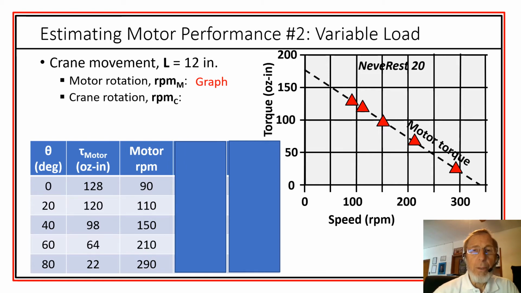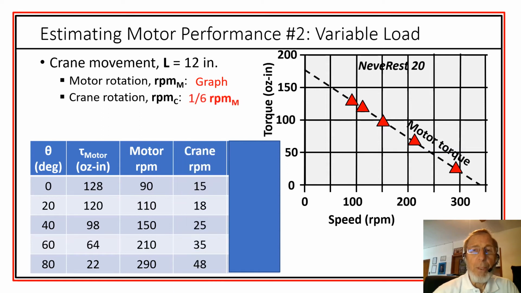The crane rotation is a function of the motor speed. It's 1/6 the RPM, so we can determine what the rotational speed of that crane is as it passes each of these angles.